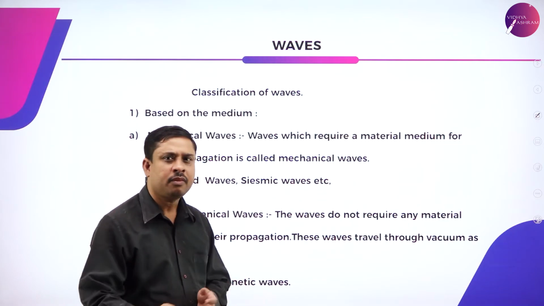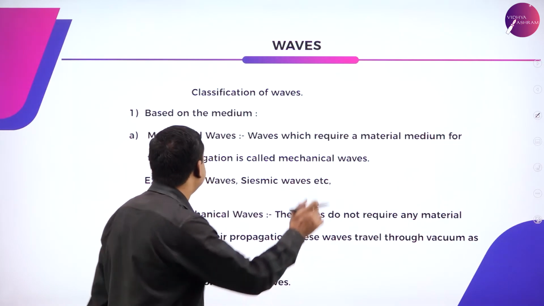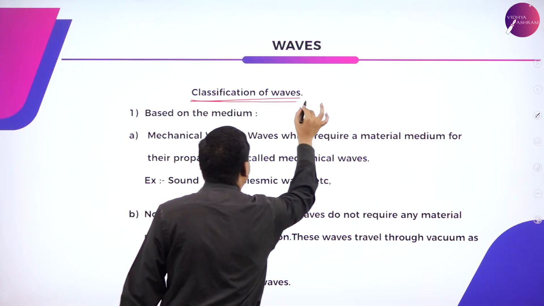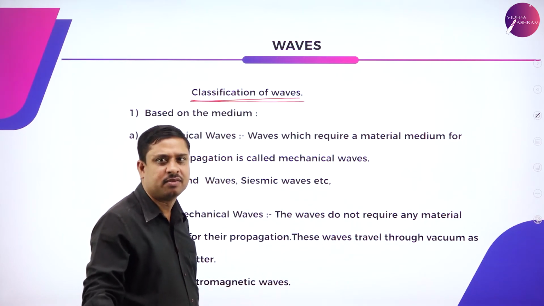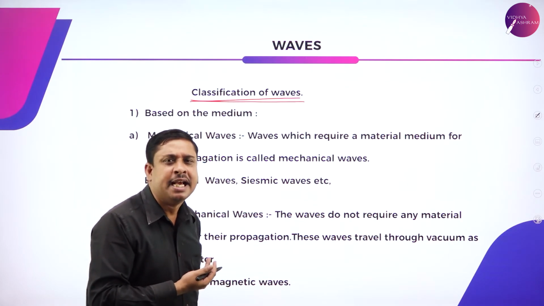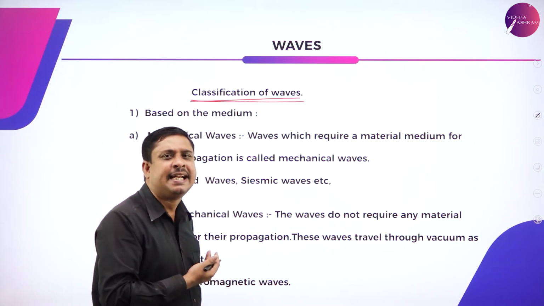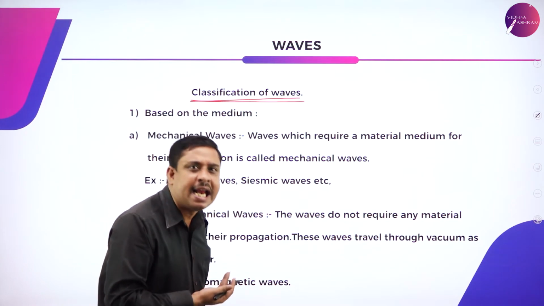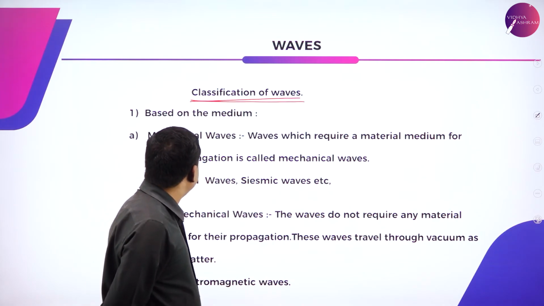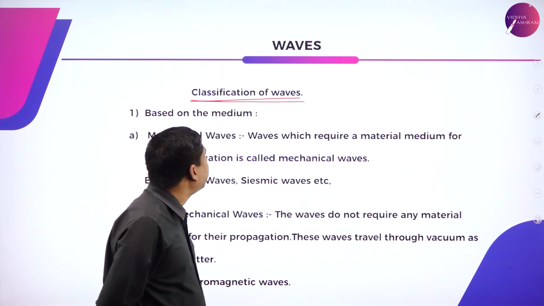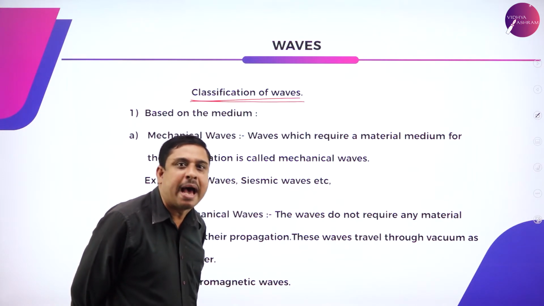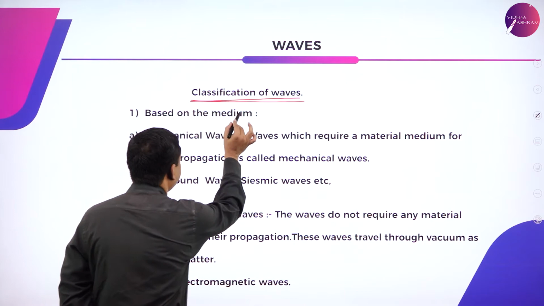Now we understand the classification of waves. Probably all these things you should have studied in your lower classes. It is just a recollection of those ideas. Now the classification is done based on two parameters.